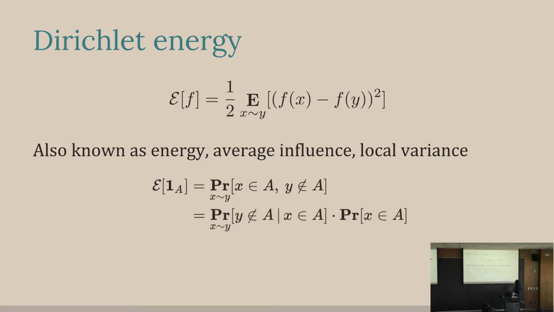And we can condition on the probability that x is inside, and this is actually just equal to the conductance times the volume. In particular, if you consider A to be a set of constant volume, then the energy is a constant factor away from the conductance.